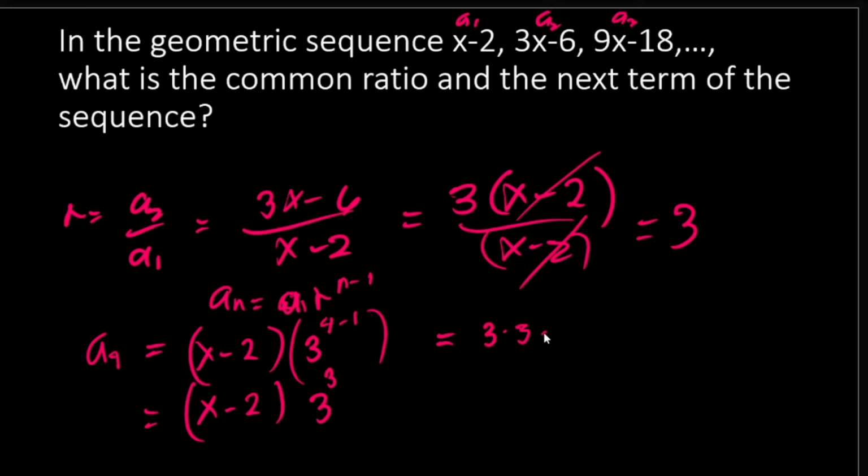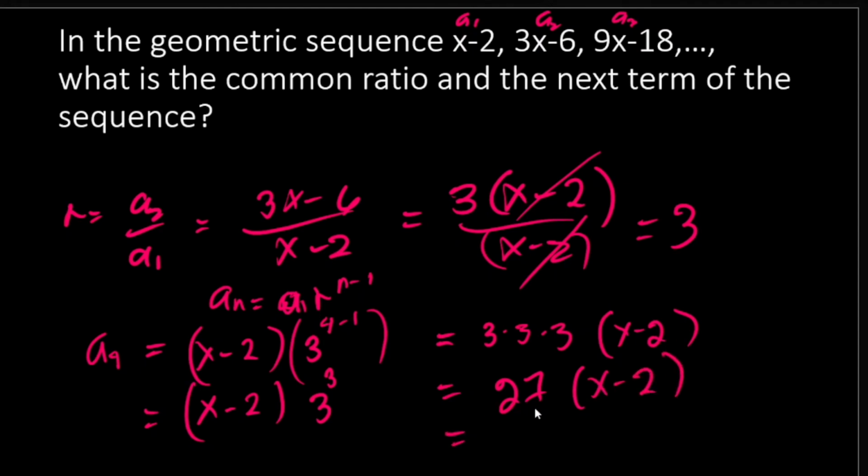3 times 3 times 3. Again, the exponent will tell you how many times you need to multiply the base by itself. So 3 times 3 is 9, 9 times 3 is 27, times x minus 2.